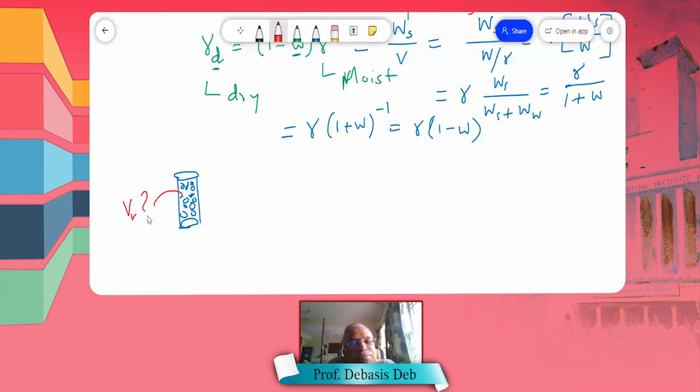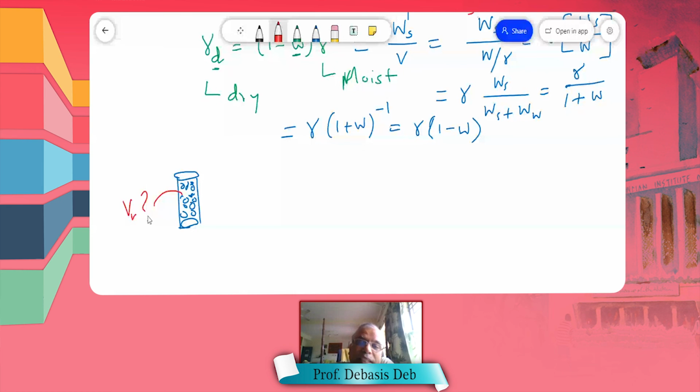Another problem with this is sometimes the material may react with water. When the material reacts, it may dissolve. So you cannot do a calcium carbonate type of thing. This will react with the water, so you cannot submerge it. So sometimes we use brine solution rather than water. We put some salt and sometimes some other chemical also, so that it doesn't dissolve or react. That is one of the ways, definitely.